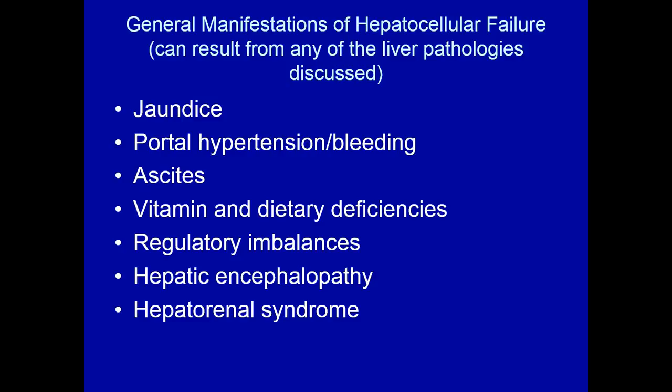These essentially apply to most, if not all, of the specific liver disorders that we will discuss, and you should understand they're important. Things like jaundice, portal hypertension and bleeding, which we've talked a little about already, so hopefully the ideas are forming in your head already. Ascites, which we briefly mentioned a moment ago, vitamin and dietary deficiencies, regulatory imbalances, hepatic encephalopathy, and hepatorenal syndrome.